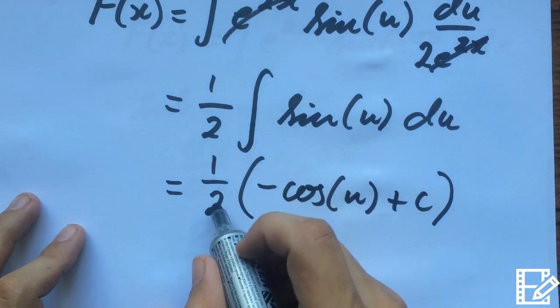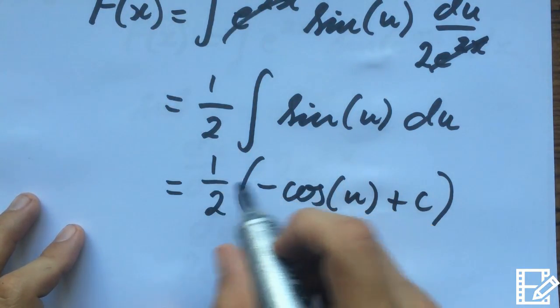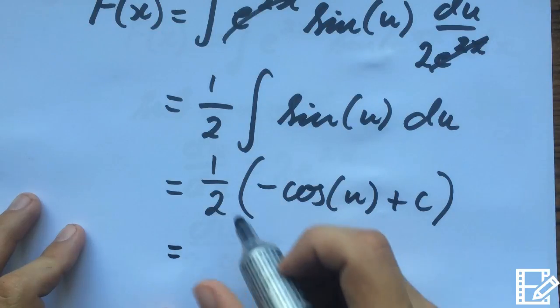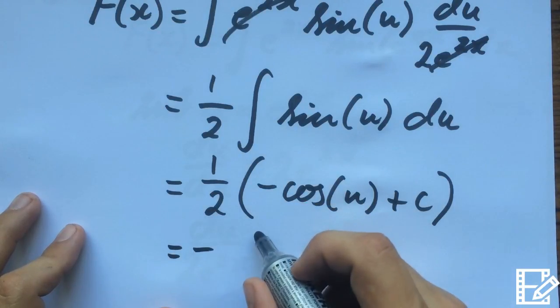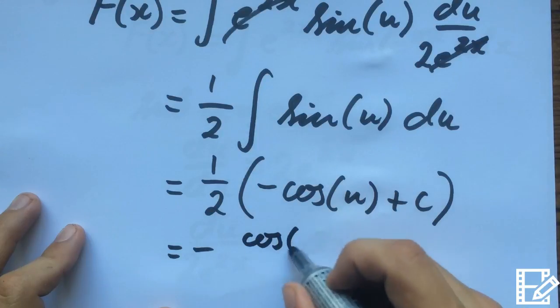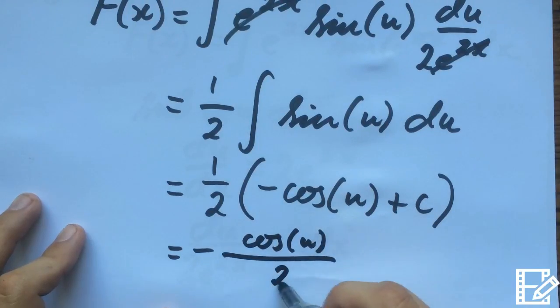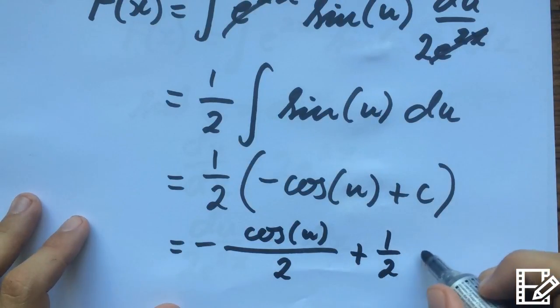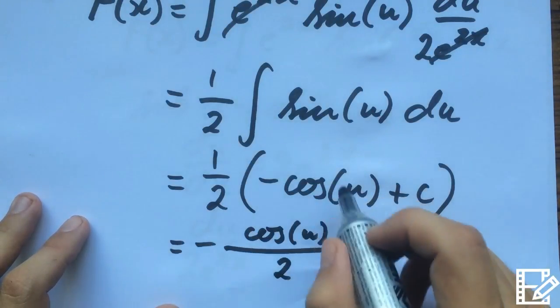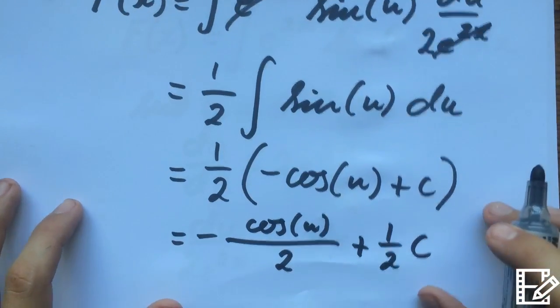Now we've got to expand the half into the brackets. A half multiplied by negative cos u is negative cos u over 2, plus half of c, because we're expanding the half into both of them.